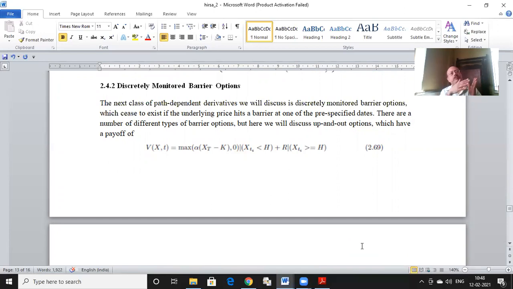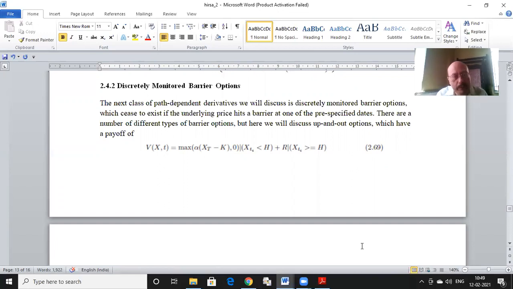So I have this lifetime from 0 to capital T, and I look at the evolution of the stock price ST. The option could be simply a call option, but I have the additional clause that if at any point of time between 0 and T, my stock price crosses a particular pre-specified value, let's say capital U, if it goes above capital U, then the option becomes worthless. It could also be some number below. It could also be a put option, or we can have a reverse situation where the option will become active only when it crosses a barrier.